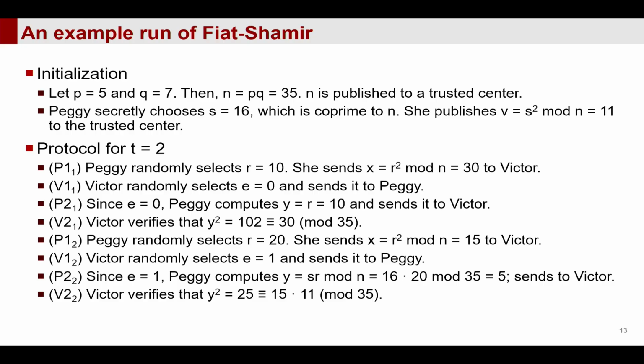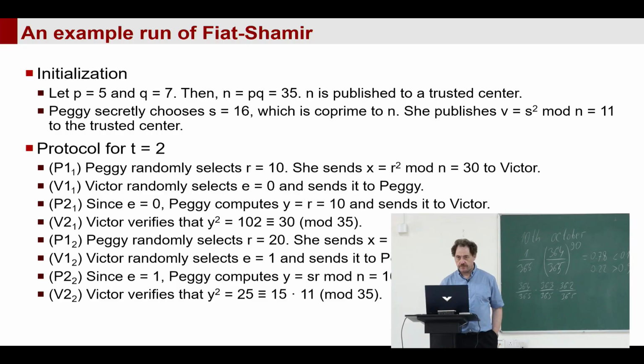And Victor verifies, indeed, that y squared, meaning 5 squared, is 25, and modulo 35 is the same as 15 times 11. So this is how it works.